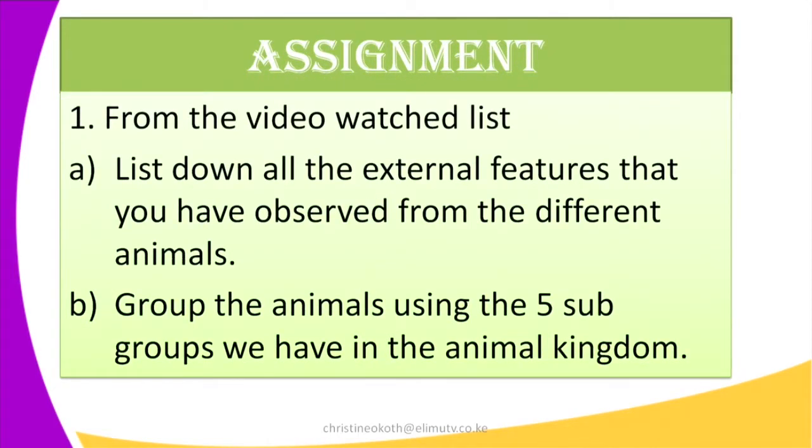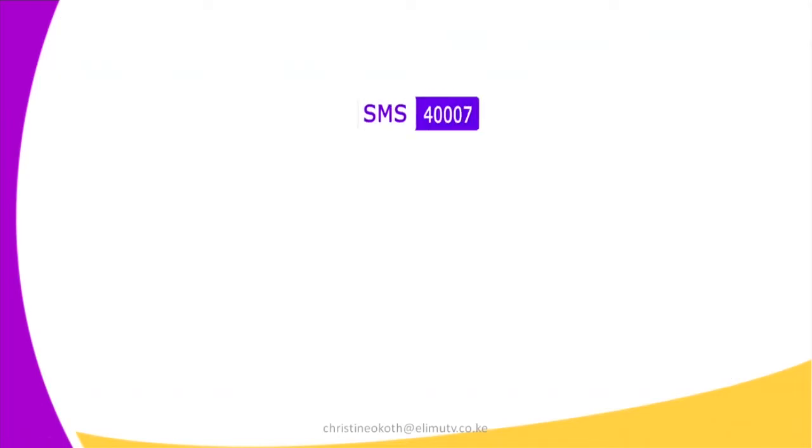So our assignment is going to come from that video, and the assignment will be: list down all the external features that you have observed from the different animals. Then part B, group the animals using the 5 subgroups we have in the animal kingdom.